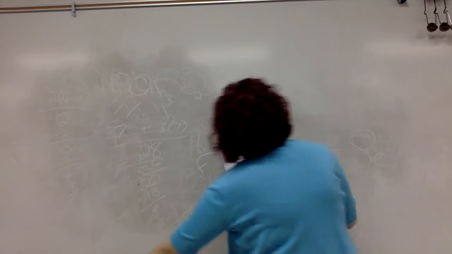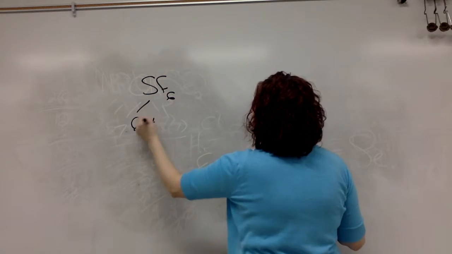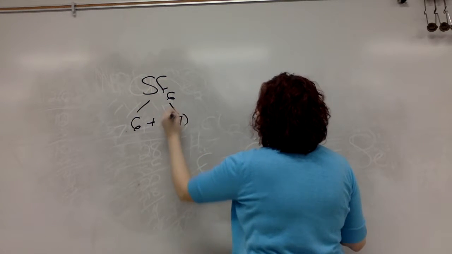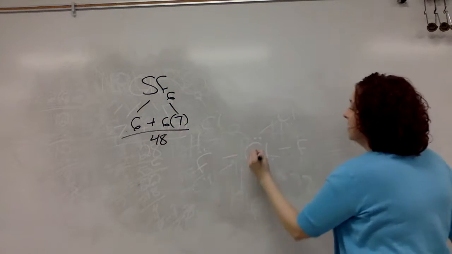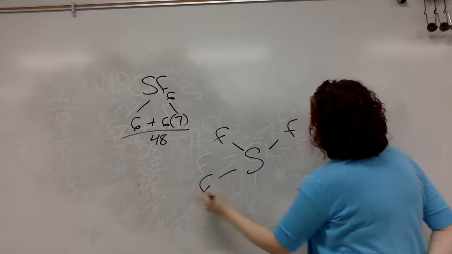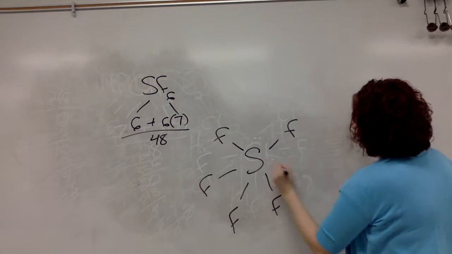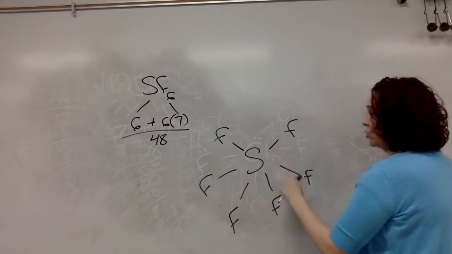SF6. Sulfur has 6. Fluorine is 7 times 6, 42, 48, I think. S is in the center. Draw 6 fluorines. 1, 2, 3, 4, 5, 6. Yep, good. 4, 6, 8, 10, 12.